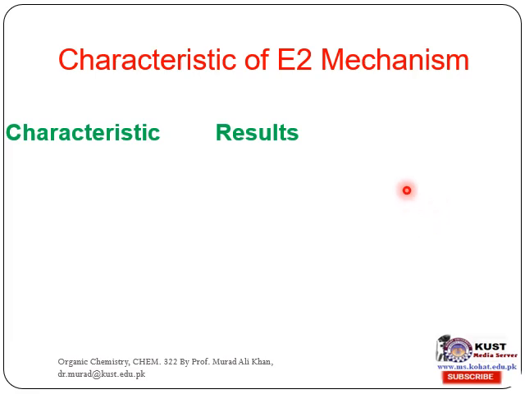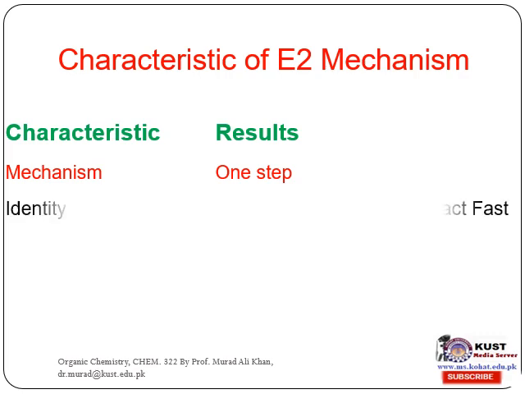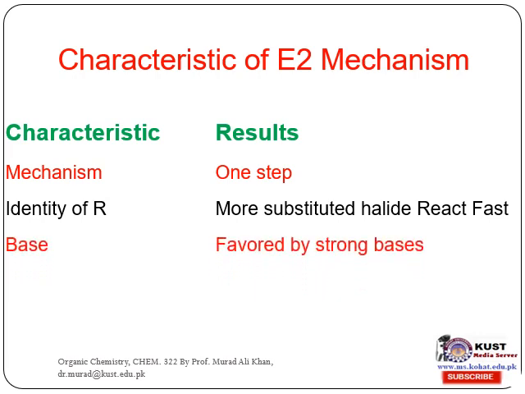These are the characteristics of the E2 mechanism. Mechanism is one step. Identity of R, that is the alkyl group: more substituted halides react faster. Base: the reaction is favored by strong bases.